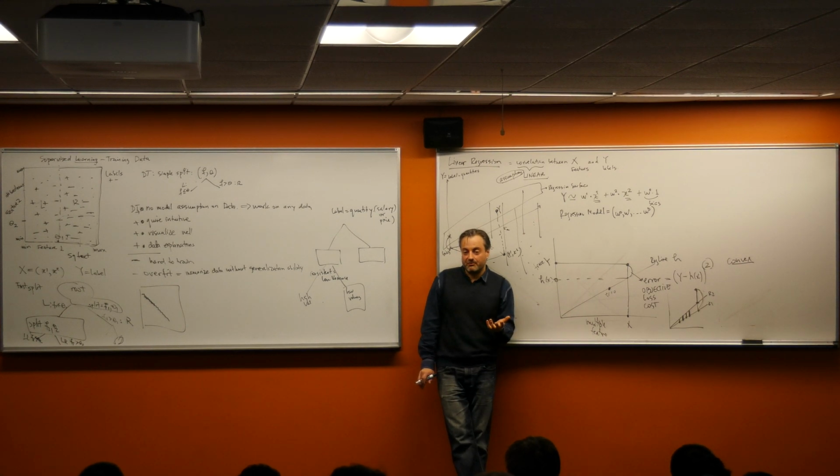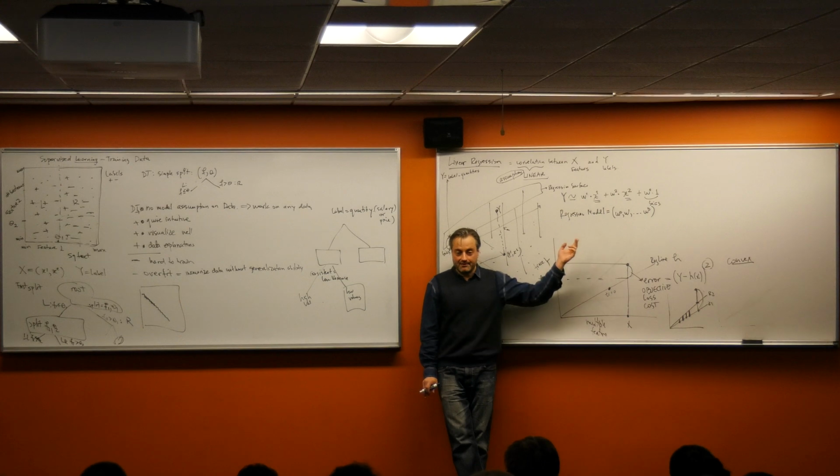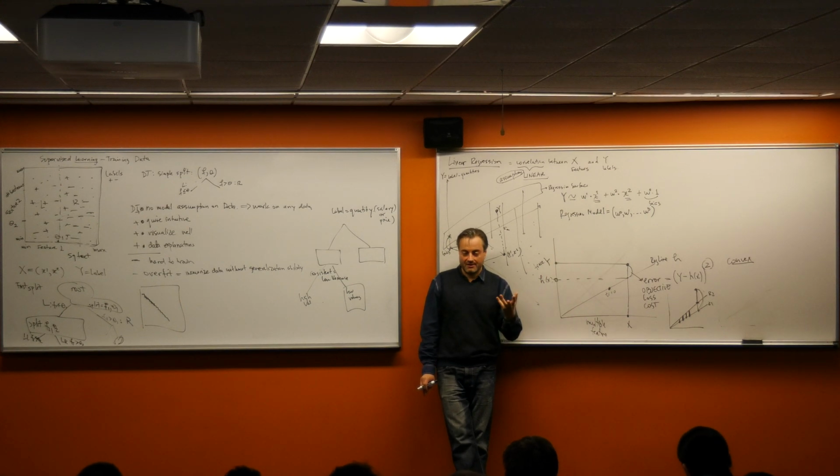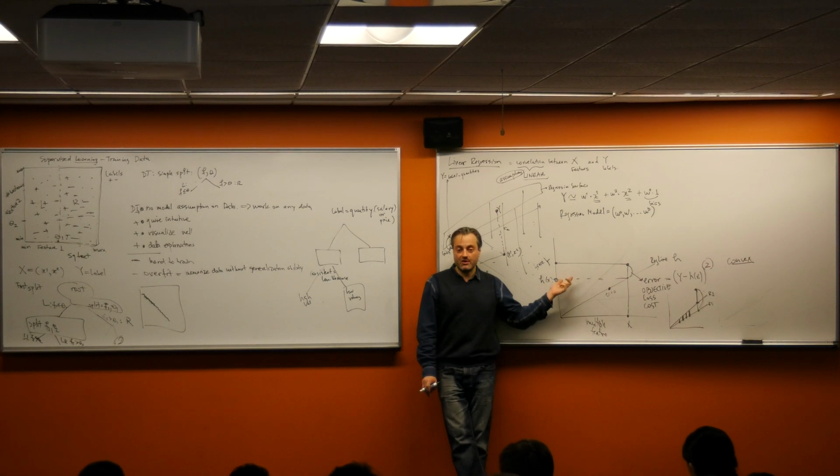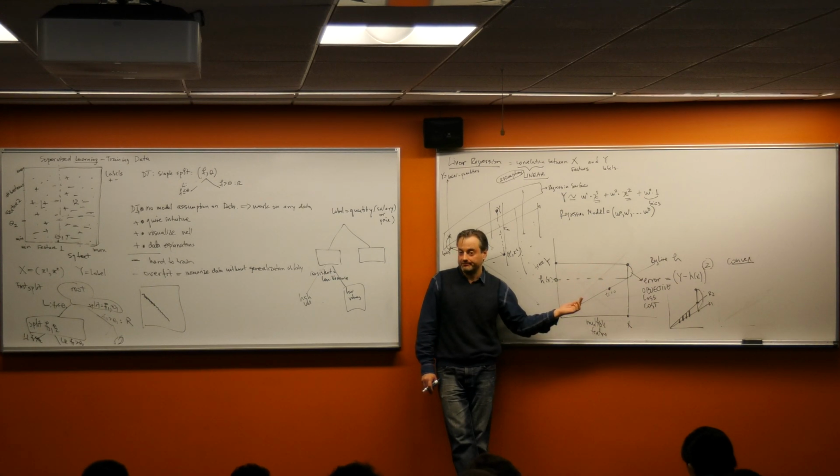Then the Gaussian has a bunch of parameters, not W's: mean and variance, or sigma. So I'm going to ask the same question: what are the mean and sigma such that my model is as close as possible to the data?